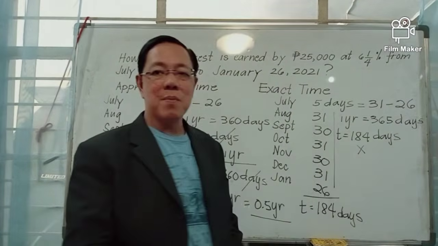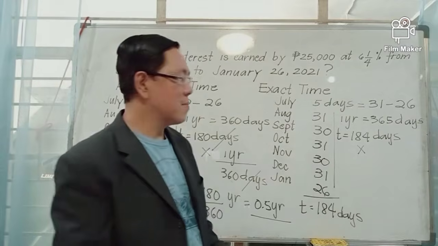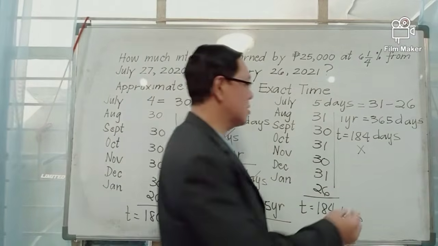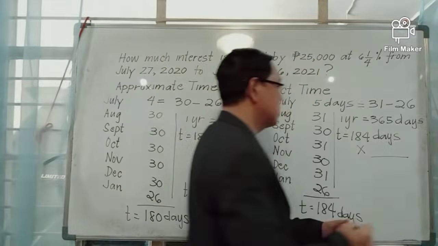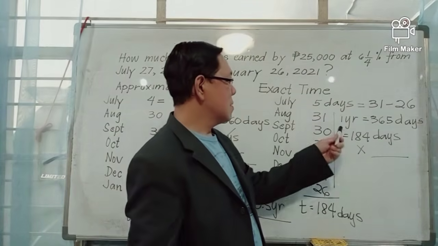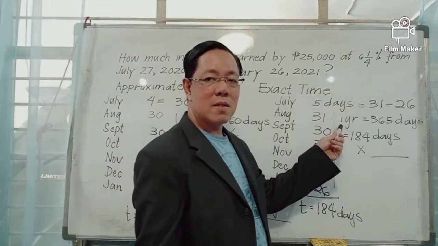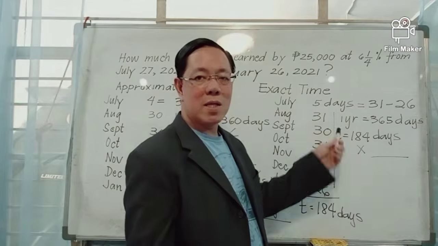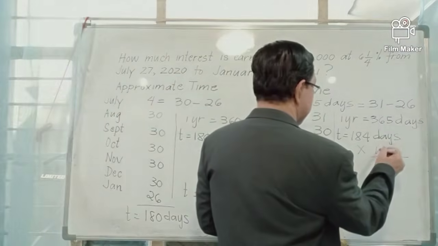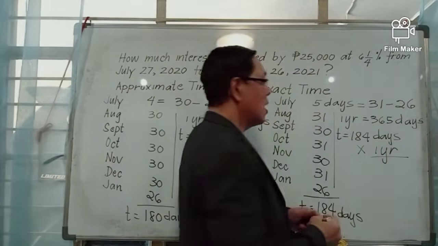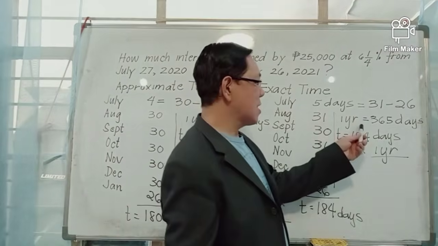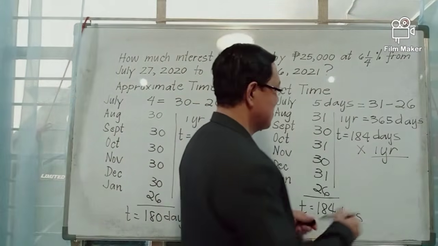We multiply by a conversion factor, which is a fraction, with numerator equal to 1 year and denominator 365 days.